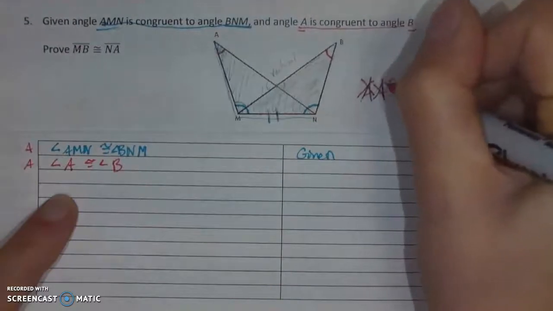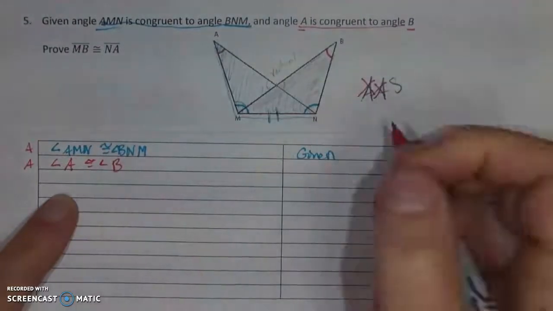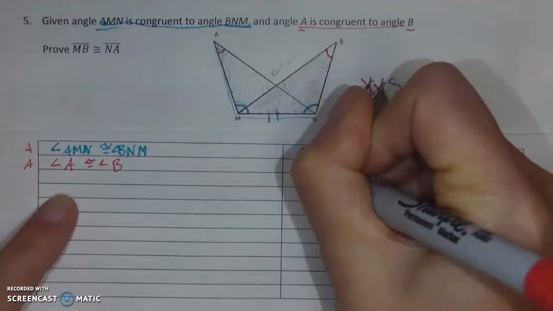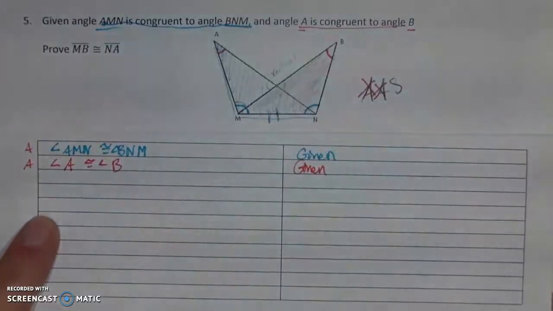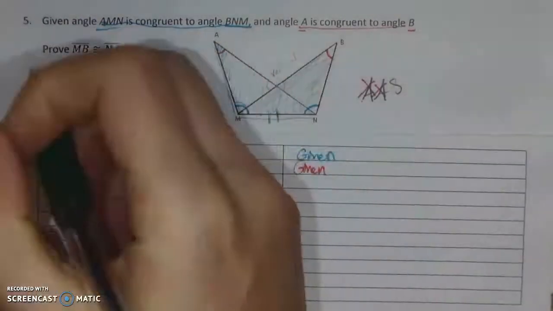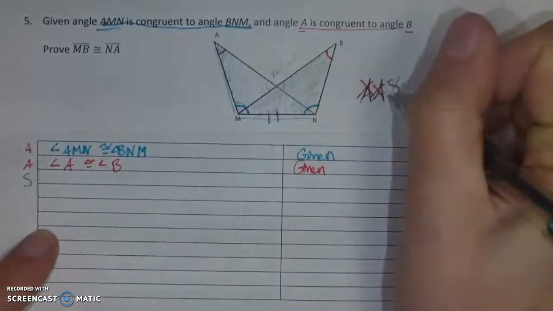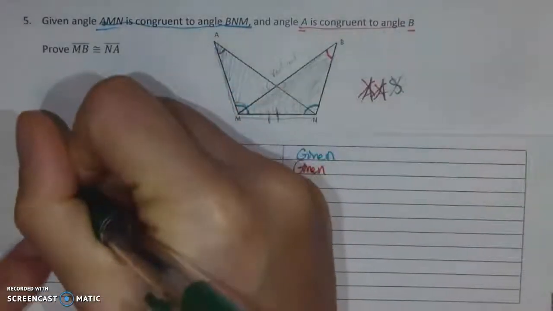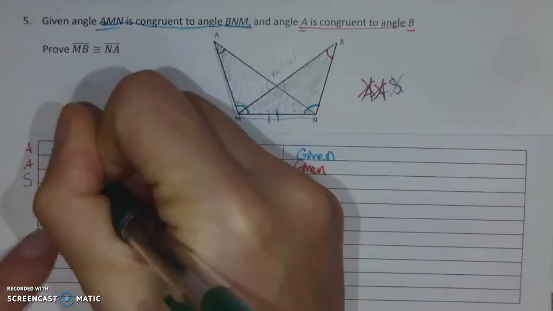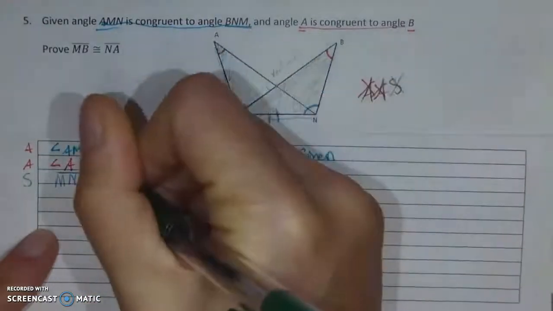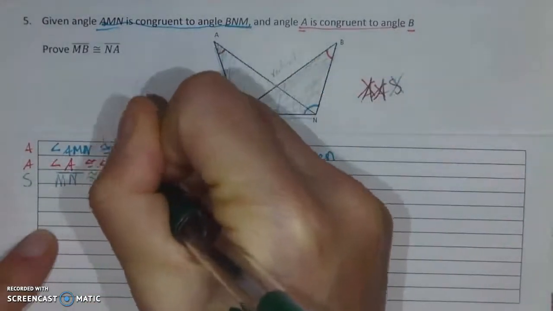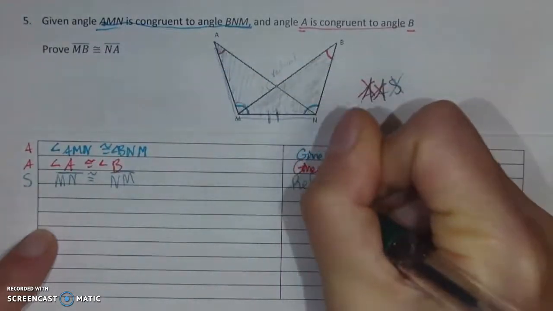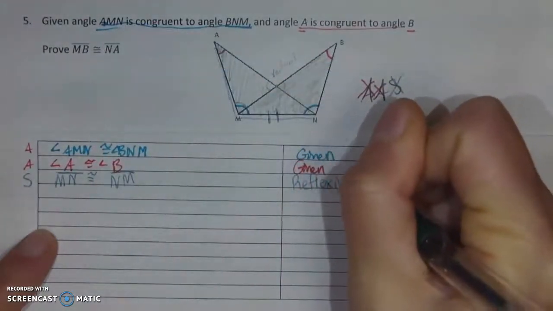So I've proven two of my angles are congruent because I have full congruency statements using just my givens. My next statement is about the side. Well, I want to prove that the side is congruent. Well, I know that MN is congruent to NM, and that's a reflexive property because it's shared.